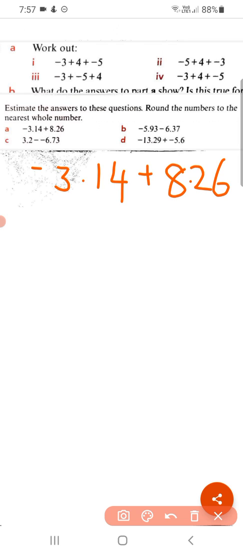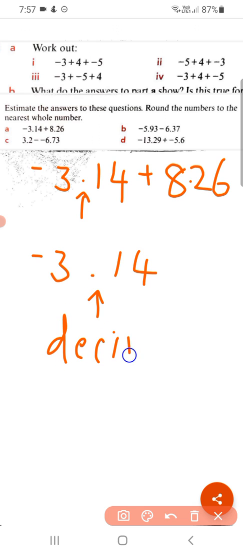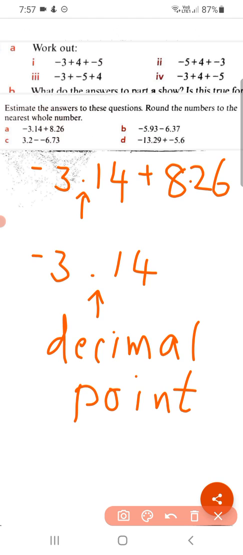This dot is known as the decimal point. And this part is the whole number part and this is the decimal part.